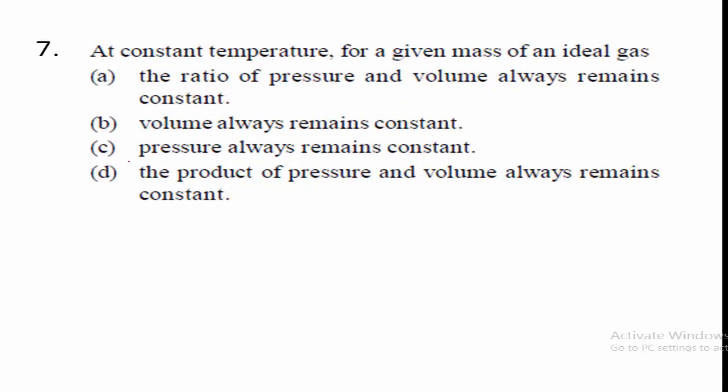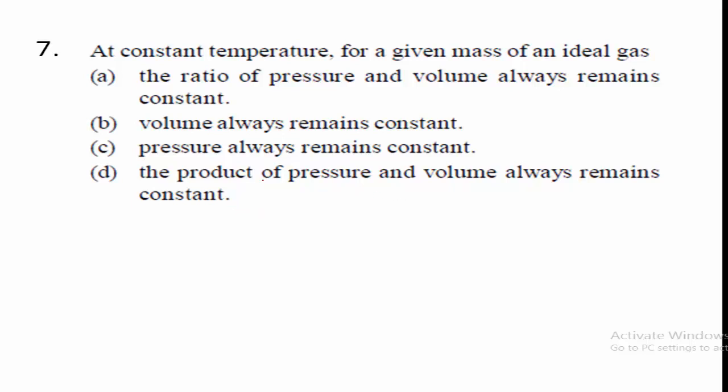Seventh one, at a constant temperature for a given mass of an ideal gas, option A, the ratio of pressure and volume remains constant; the volume always remains constant; pressure always remains constant; the product of pressure and volume always remains constant.